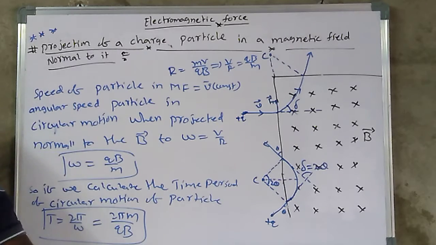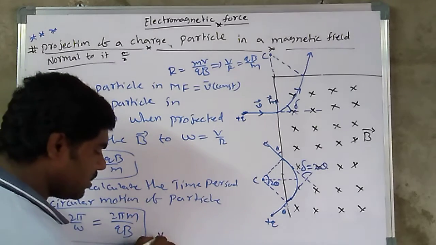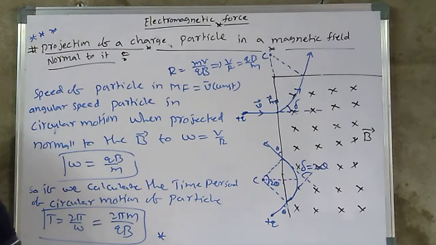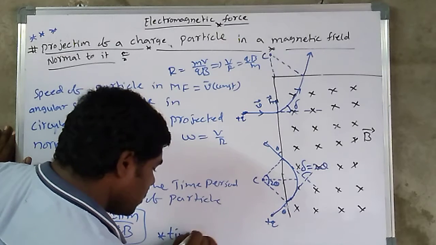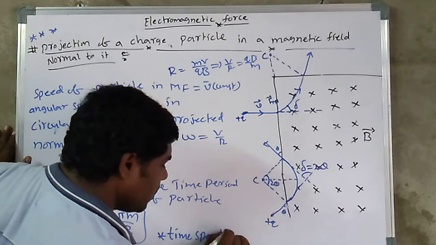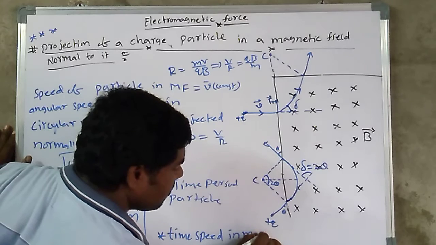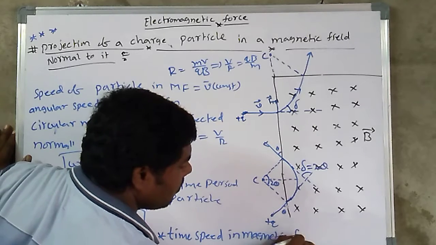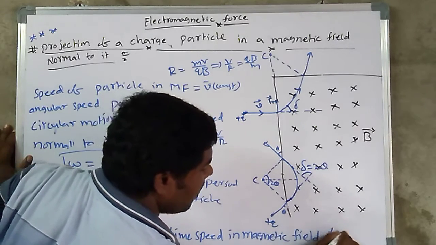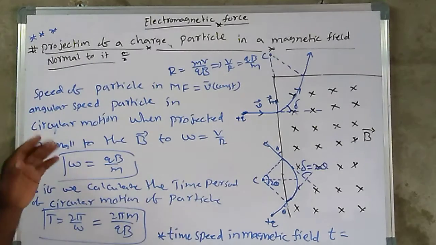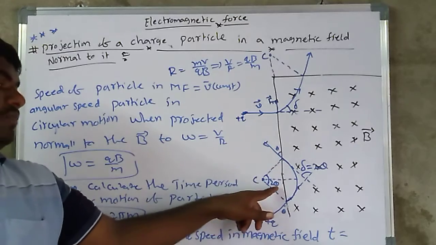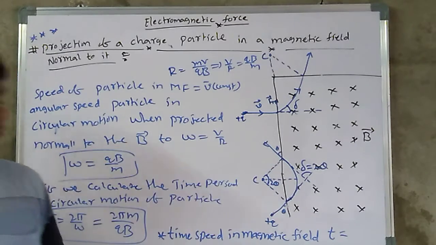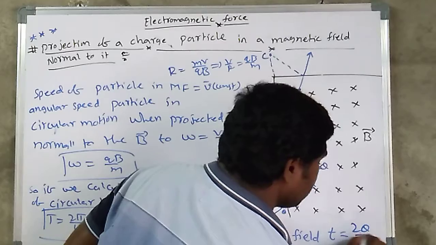Next, a very important point: time spent in the magnetic field. Here the small t is equal to the angular displacement 2 theta divided by omega, that is, 2 theta divided by omega.